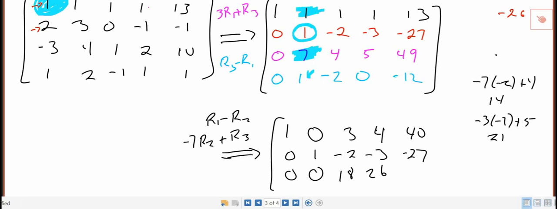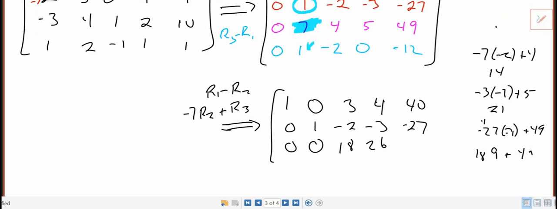Okay, and negative 27 times negative 7 plus 49. Carry the 4, 189 plus 49, so 238.